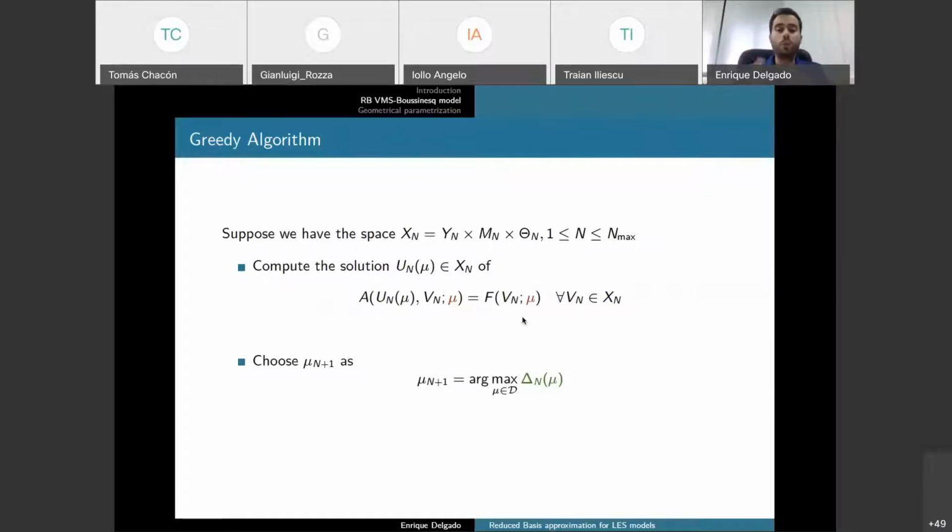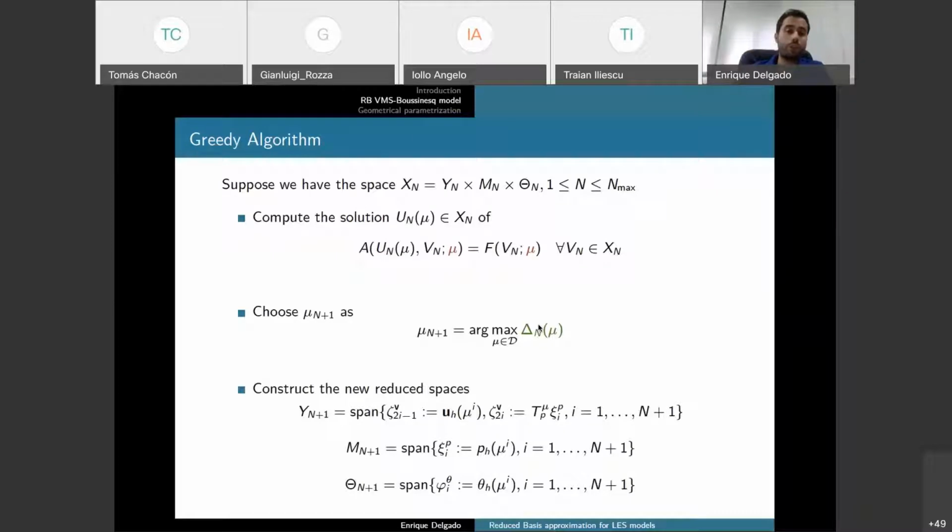And we will choose the next parameter value as the maximum of the error between the high fidelity solution and the reduced basis solution just computed here. Since this evaluation of the error might be very expensive computationally, we substitute it by an a posteriori error bound that we will define later on.